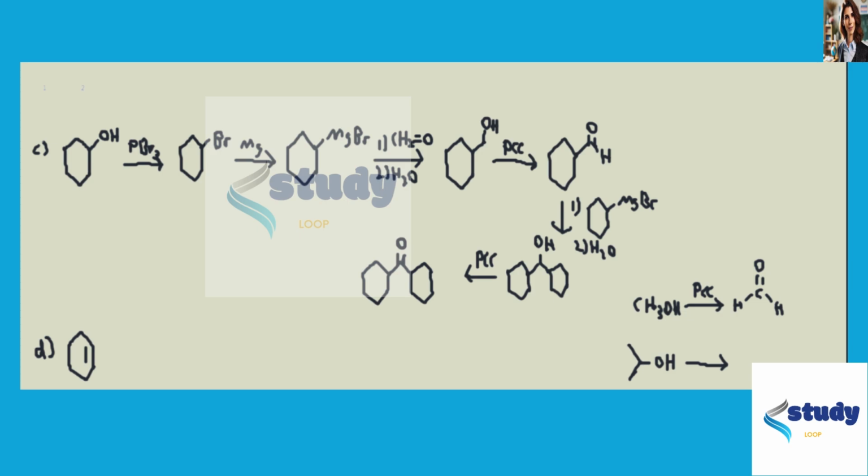Okay. And so from here, we need to make the acetal. And so to do that, we can use ethanol and some tosic acid. And that is going to give us our product, which is going to be this.